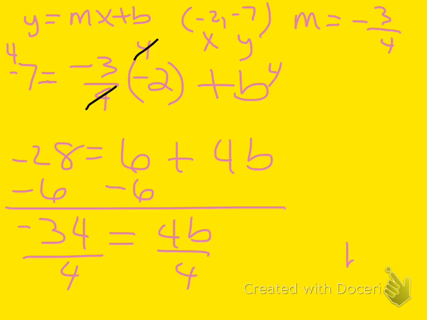Can I take a 2 out of both of them? Yes. Because 4 doesn't go into 34, it's going to be a fraction. So if I took a 2 out of 34, what will be left? 17. Very good. And I took a 2 out of 4, it'll be 2.